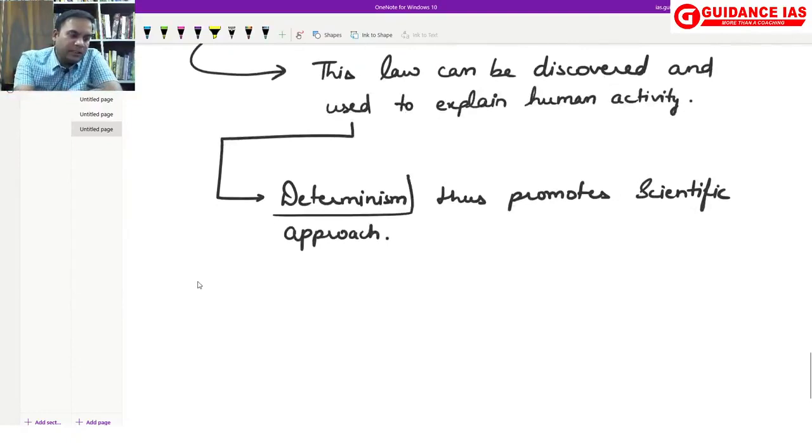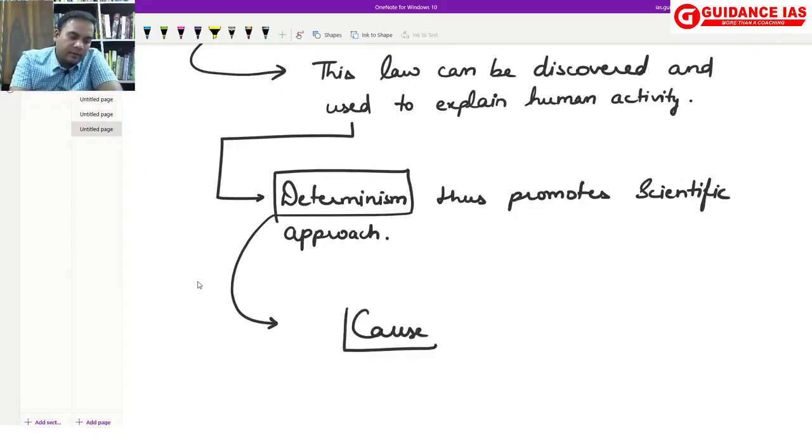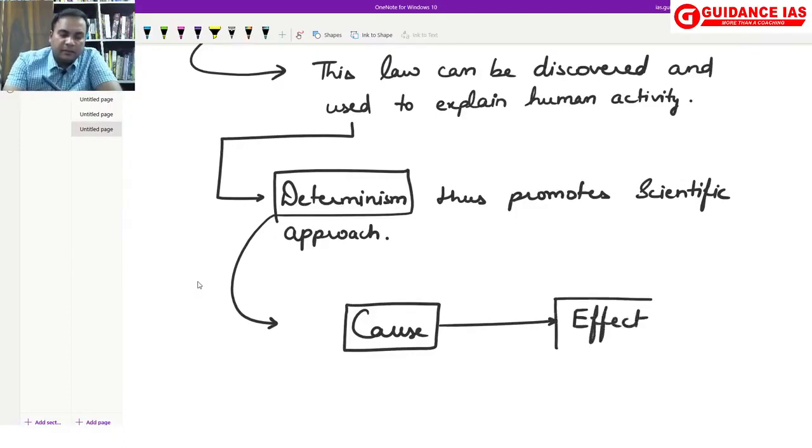So what is the essence of determinism? From here we can go to the essence of determinism: that there is a cause, and this cause ultimately has an effect.